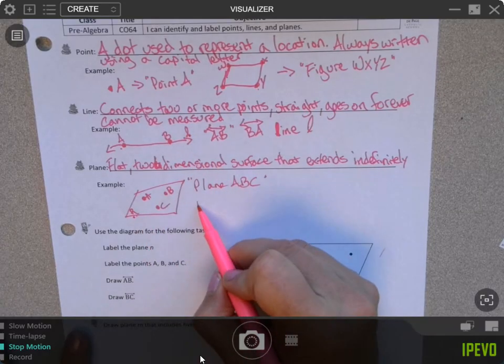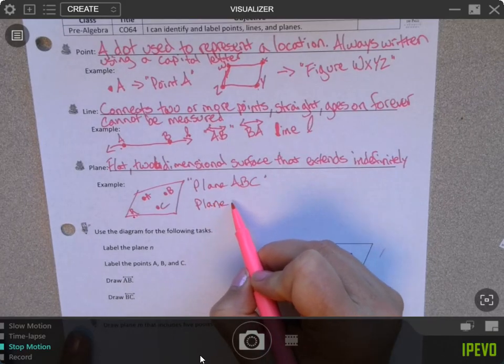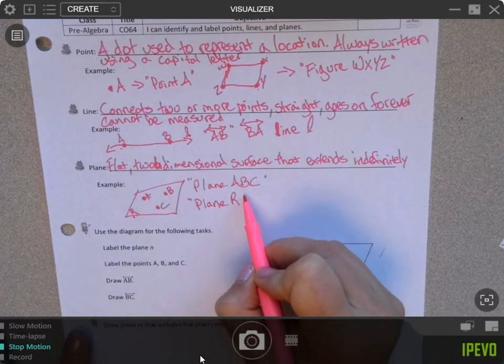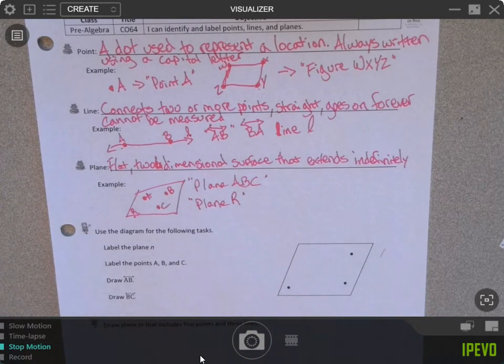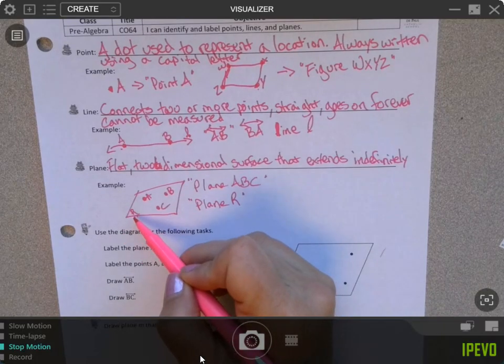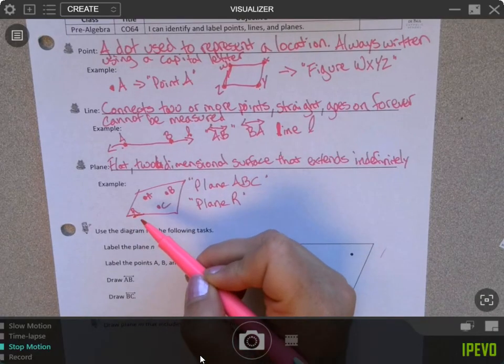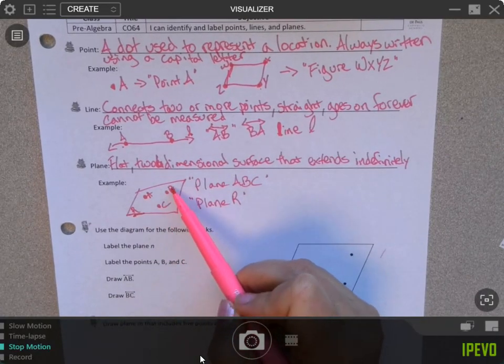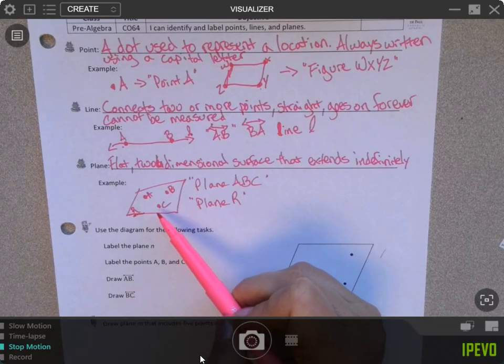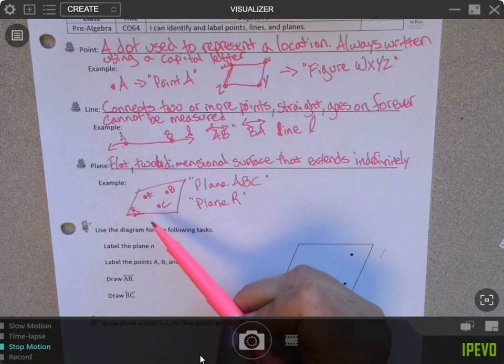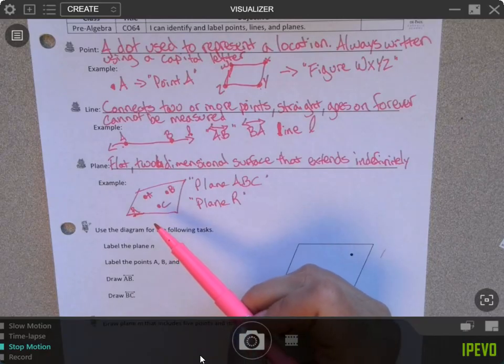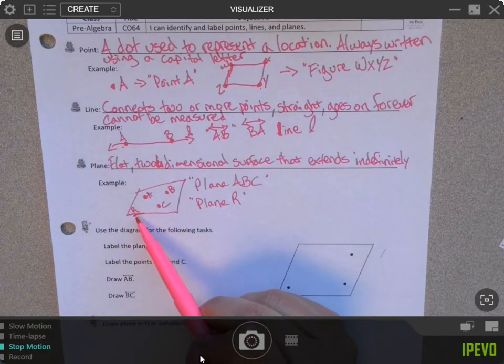Same thing with the plane. So this could be plane R, because there's an R in the corner. It doesn't have a point next to it, so we know that it is a label. Okay, because there's no dot given to our R here. The A, B, and C are next to dots, so we know those are points on the plane. So you can use either one to label your plane, either the points on the plane or the name given to the plane.